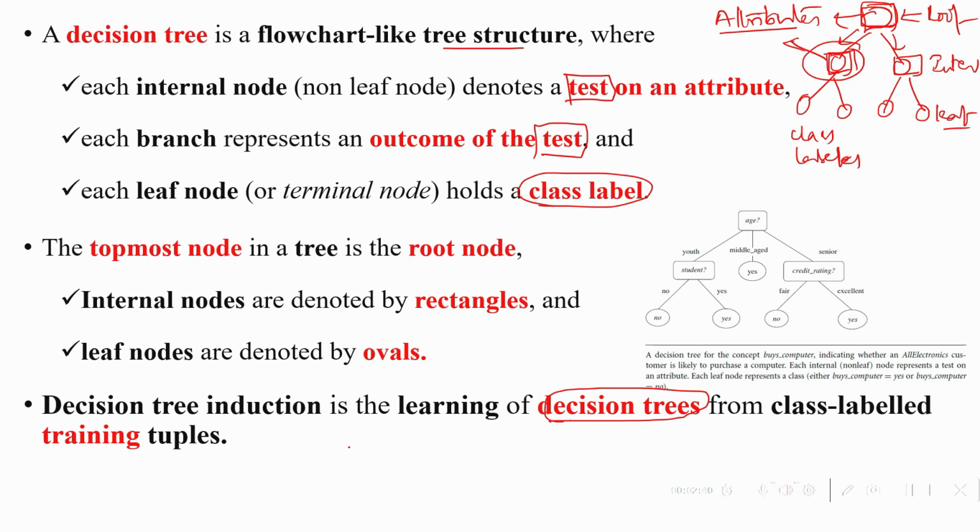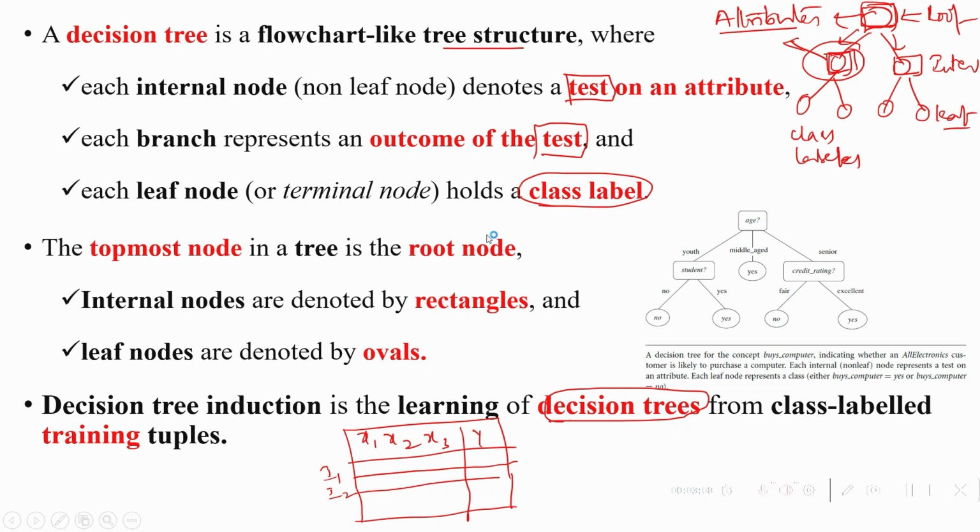Here, the training tuples contain the corresponding attributes like x1, x2, x3 and so on, and corresponding class labels like y. It contains both the features and the corresponding class labels. Based on these tuples, instance 1, instance 2, like that, we are going to construct the decision tree. Simply, this process is called decision tree induction.